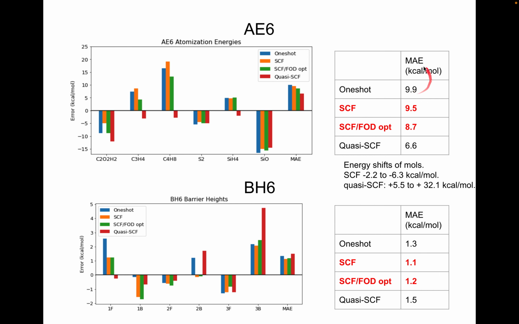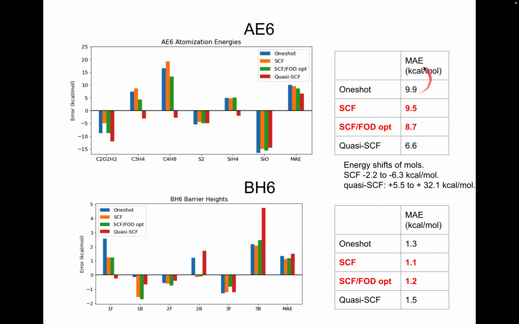On the other hand, the energy shift from the one shot to the quasi-SCF was different. In this case, the energy shift was positive, 5.5 to 32.1 kcal per mole. And we saw that for the quasi-SCF, the larger molecule seems to experience a larger energy shift.